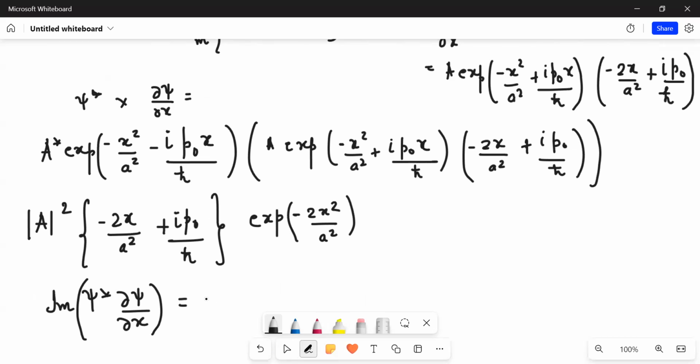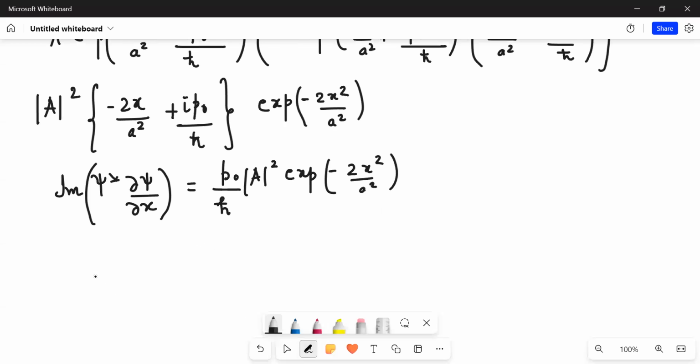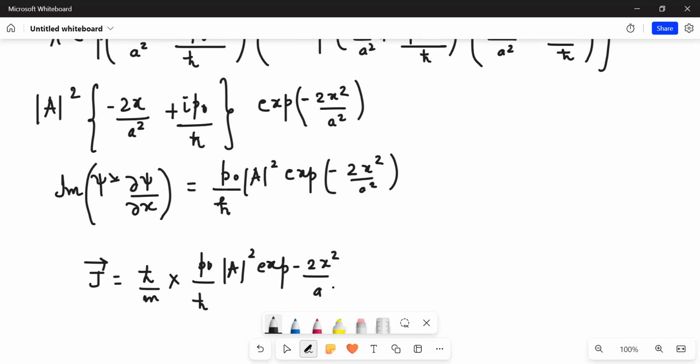So this imaginary part would be simply P naught upon h cut, modulus of A whole square, and then you will have this exponential of minus 2x square upon A square. And if I want to write the probability current density in vectorial form, it will be equals to h cut upon m times this x cap.